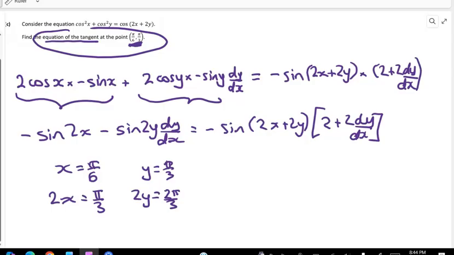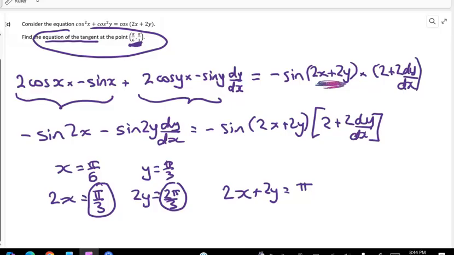And we're also going to need over here 2x plus 2y. So 2x plus 2y is equal to pi on 3 plus 2 pi on 3, which gives me pi. I was about to write pi on 2, but that's not right, right? So we've got 1/3 of pi plus 2/3 of pi.